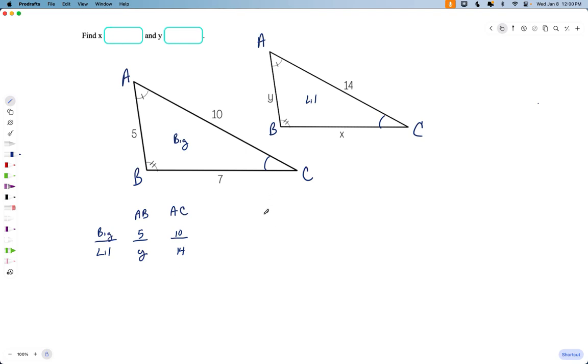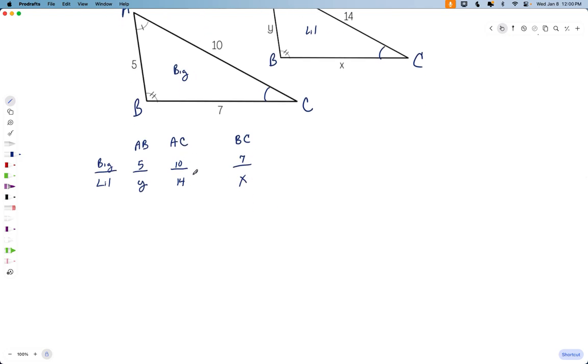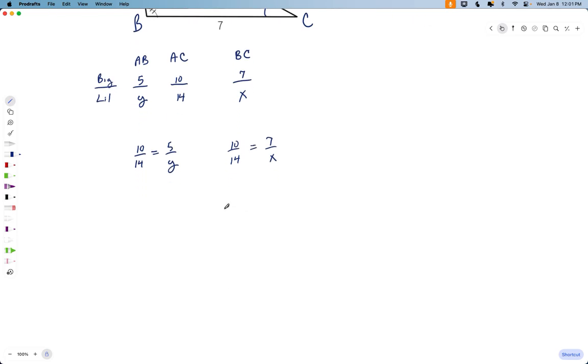And in side BC, the big triangle is 7 and the little triangle is X. So we find the one that has both numbers. So we have 10 over 14 is equal to 5 over y, and 10 over 14 is equal to 7 over x. And then we just cross multiply and solve for the variable we need to solve for.